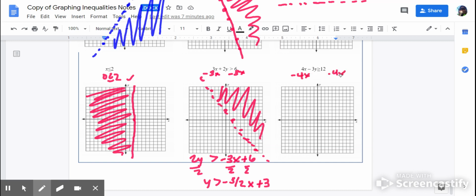Finally, we subtract 4x from each side. We're left with negative 3y is greater than or equal to negative 4x plus 12. Divide everything by negative 3. Because we're dividing by negative 3, I must flip my sign. So it becomes y is less than or equal to 4/3 x minus 4.